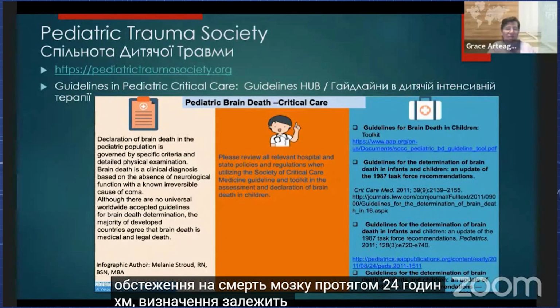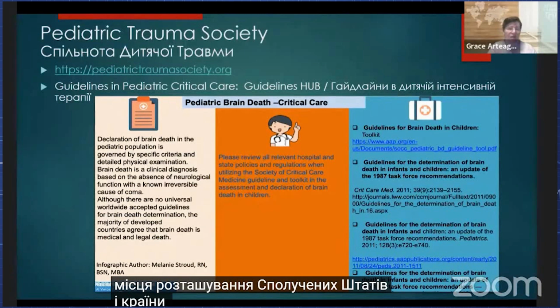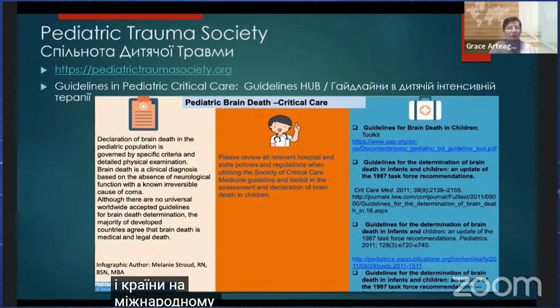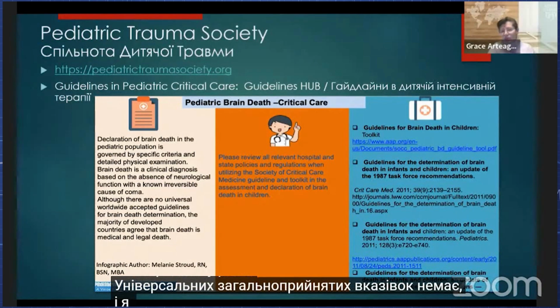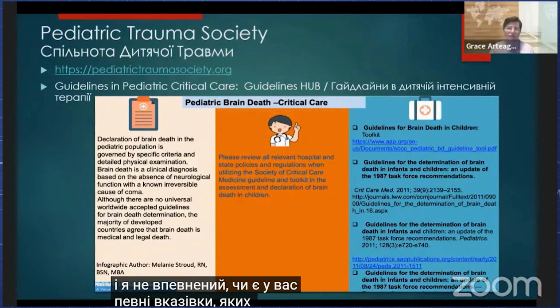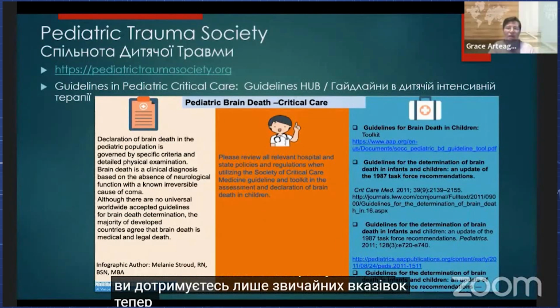The definition varies depending on the location here in the United States and with the country at the international level. There are no universal worldwide accepted guidelines, and I'm not sure if you have certain guidelines that you follow or if you follow just regular guidelines.